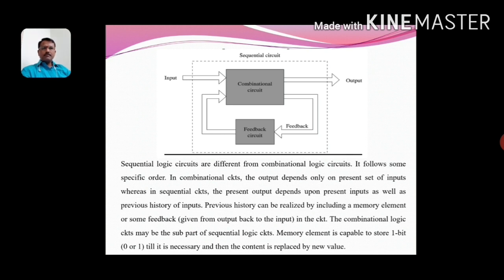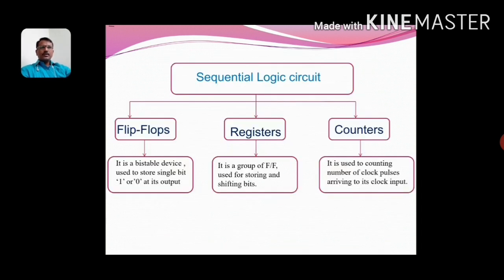and a memory element is capable of storing one bit, either 1 or 0, till it is necessary, and then the content of this memory will be replaced by a new value. So these are the sequential circuits which follow some specific order. We learned different sequential logic circuits: flip-flops, registers and counters. Flip-flops are the basic building block of sequential logic circuits.